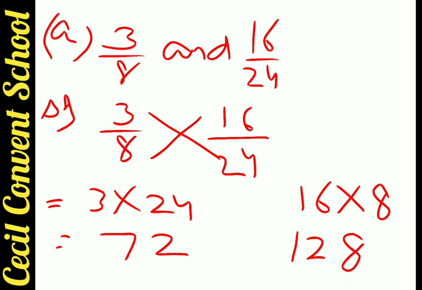Now see, one side is coming 72, the other side is coming 128. Are they equivalent? No. So you write not equivalent. You put a not equivalent sign like this, and down you write no. Clear? Now we do the B part.